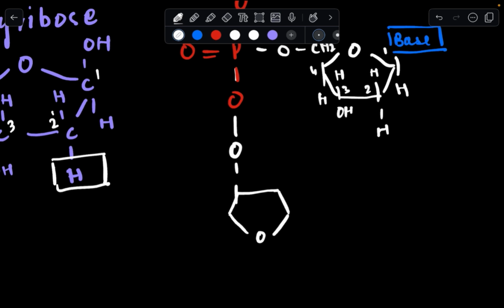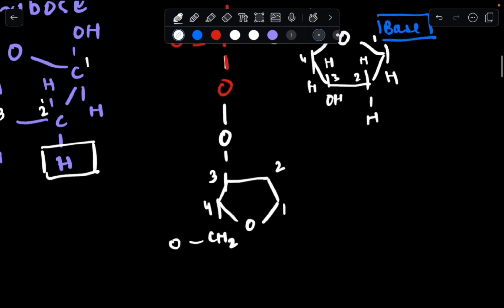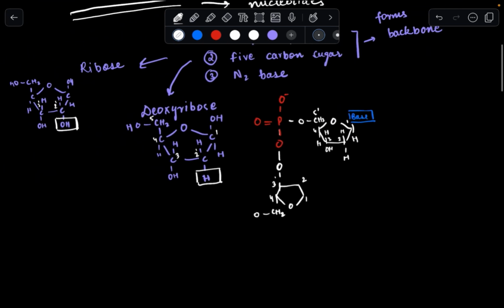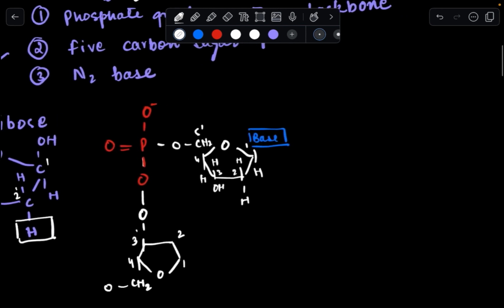This is 1, 2, 3, 4, and here would be the CH2. So it is attached to the third carbon of another nucleotide. The phosphate group linking the sugars has a negative charge, so it gives DNA an overall negative charge. So the DNA is always negative.